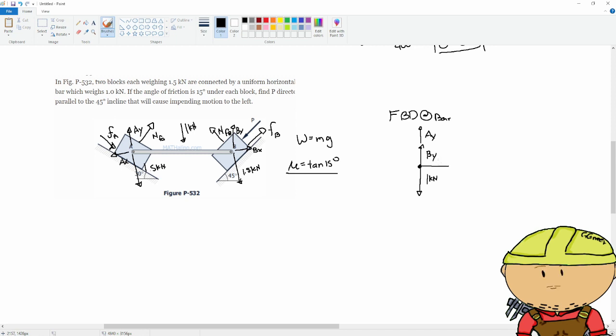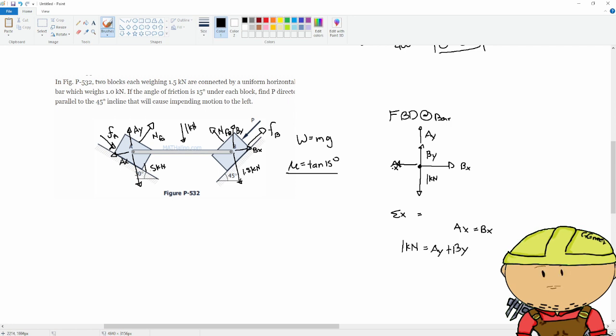Weight, tensile force, there's no cord, so it's okay. Compressive force, reaction, the BX and the AX. So in this diagram, we could see that the X component AX is equal to BX, and 1 kilonewton is equal to AY plus BY.